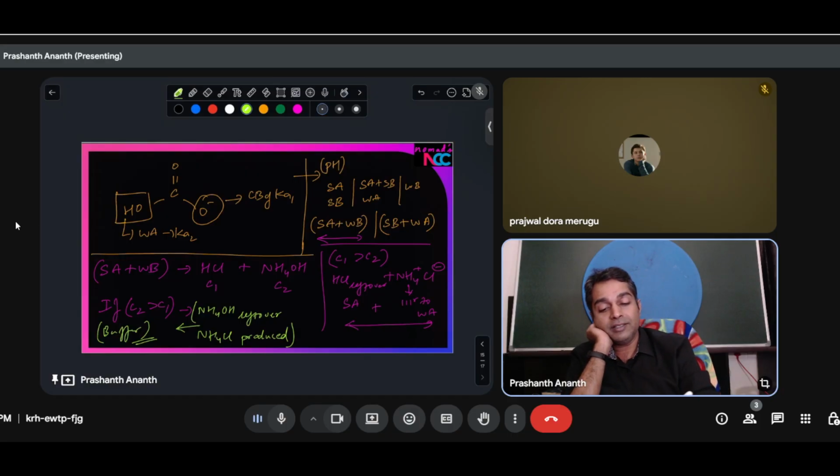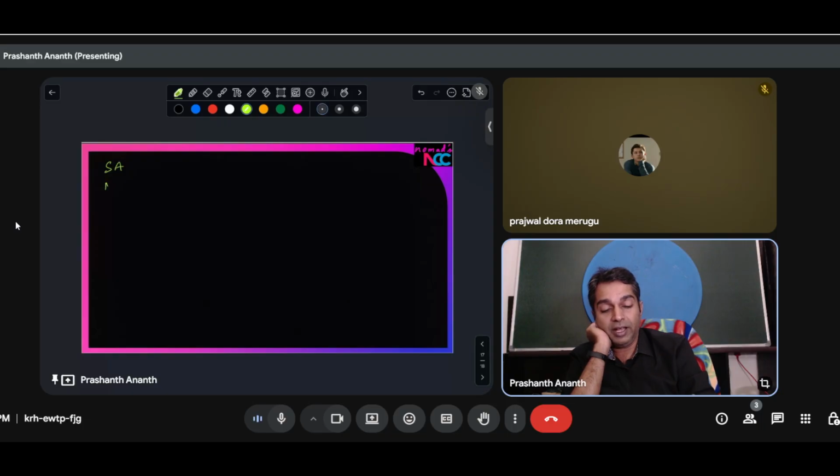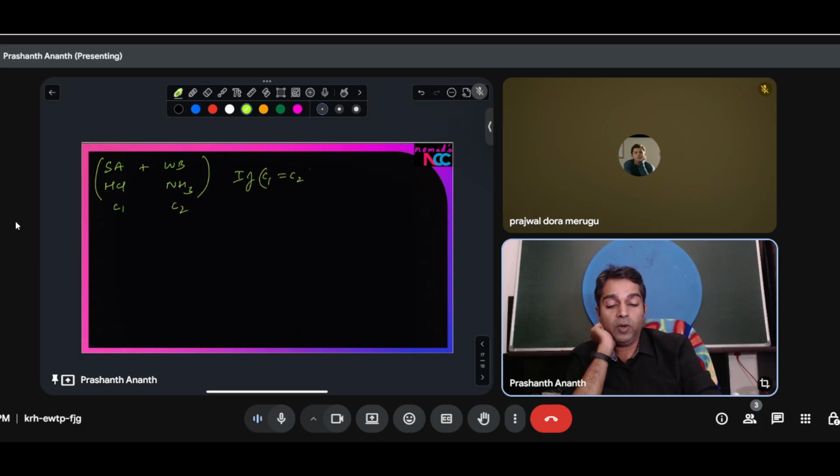The third case is going to be if I am having a strong acid, say HCl, plus a weak base, ammonia. So in this case, if C1 is equal to C2, what do I have? I have only NH4+ Cl- present.